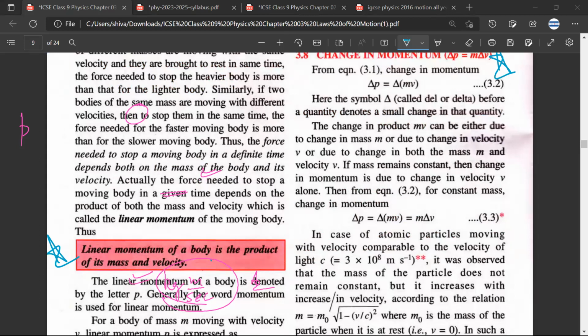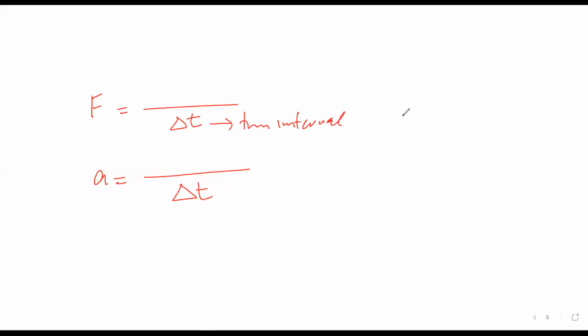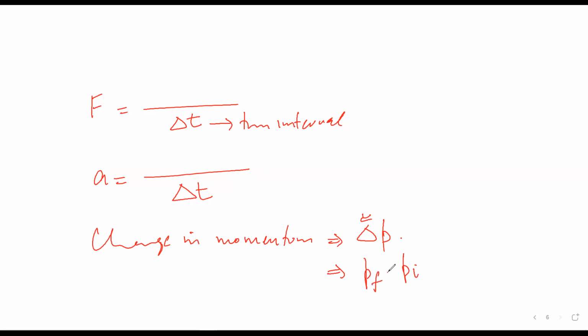Then let us understand that there is something called change in momentum, which is given by delta p. Delta p is the difference between the final momentum and the initial momentum.